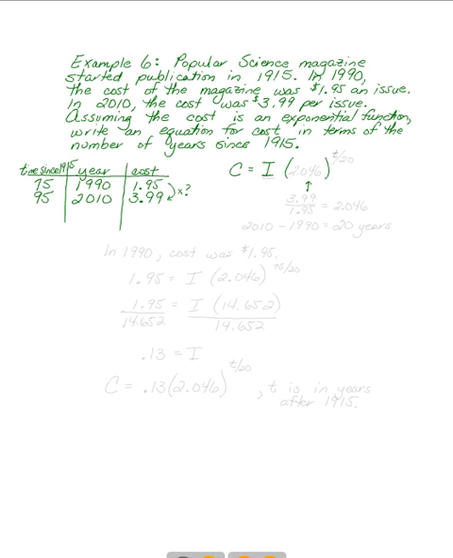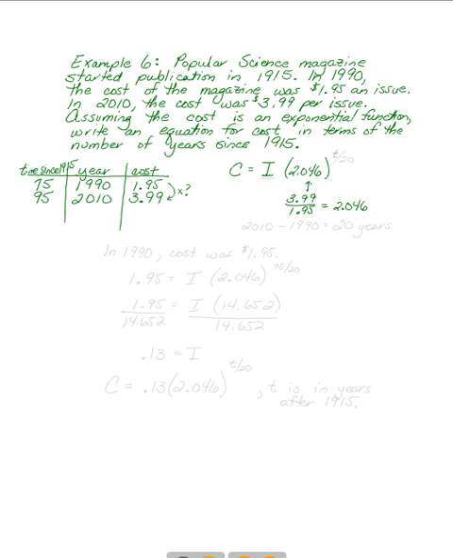We take $3.99 divided by $1.95. That'll give us what we would need to multiply by. If I put that in my calculator, it is approximately 2.046. So that number that's going to go in here is 2.046. So our price is a little more than double over that time period.